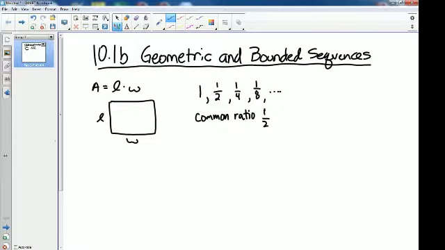So in general, a geometric sequence is of the form C R to the n.